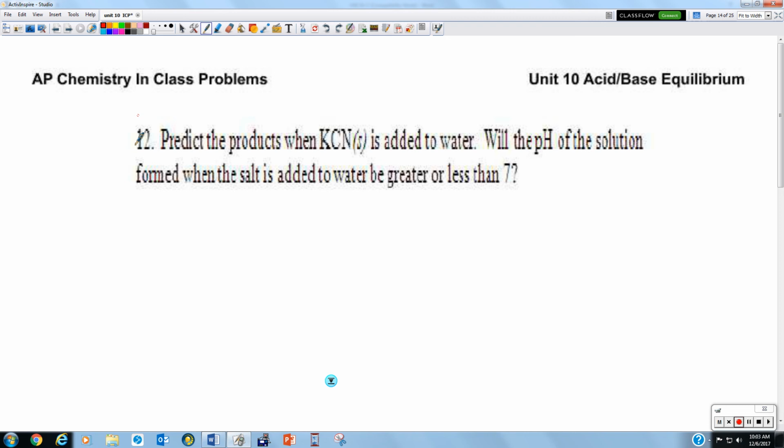All right. Number 12 says predict the products when KCN is added to water. Will the pH of the solution formed when the salt is added to water be greater than or less than 7? So let's just break it apart. K is going to come from what base? Did you get the packet that I gave out yesterday with the full?